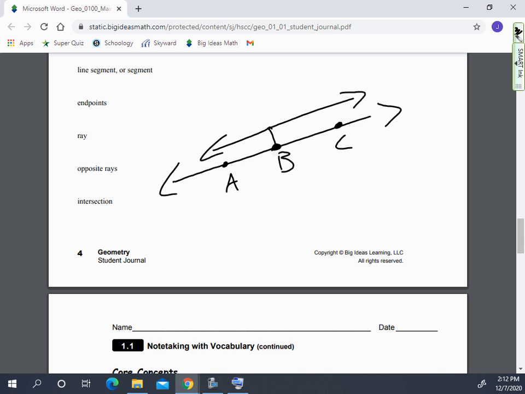So opposite rays here would be BC and BA. They have the same starting point and go in opposite directions. Do not say BC and CB because they do not have the same starting point. Those are not opposite rays.